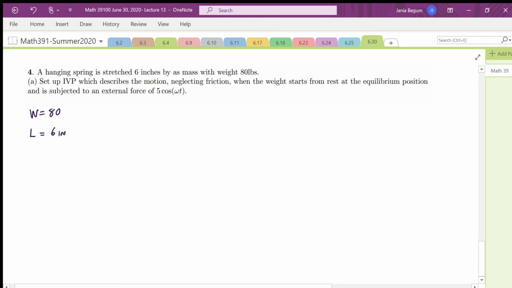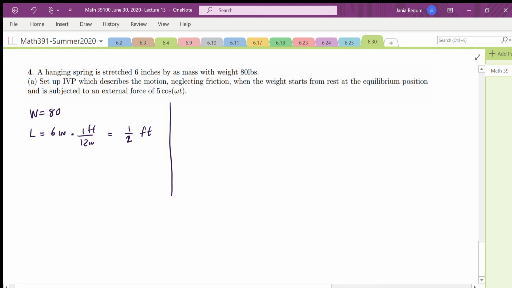So we need to convert: times 1 foot over 12 inches, and that gives us 1/2 of a foot. I should write out the unit. From here we can determine our unknown constants m and k.